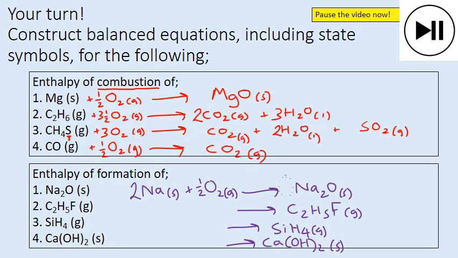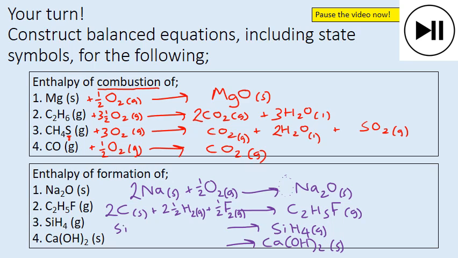Next one, I'm forming it from carbon, which is a solid, it's graphite. The most stable allotrope is graphite, so I need 2 of those. I also need hydrogen, I need 5 of them, so that's 2.5 H2, that's a gas. And I need F. F is a group 7 element, it's diatomic, it's F2, so I need half F2, and that's a gas.